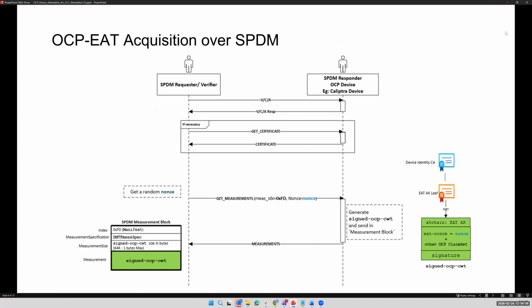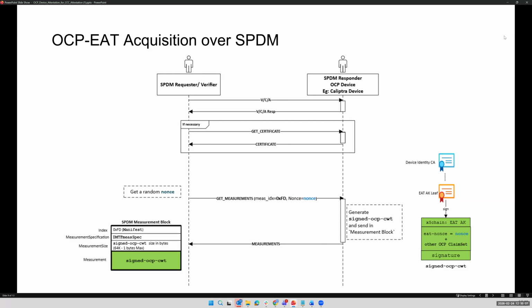But to retrieve the signed OCP EAT token, the SPDM requester would start the connection by issuing the VCA, and then, if necessary, get the certificate chain on a specific slot, and then go ahead and issue get measurements at the measurement index FT, which indicates that the measurement block is a measurement manifest.